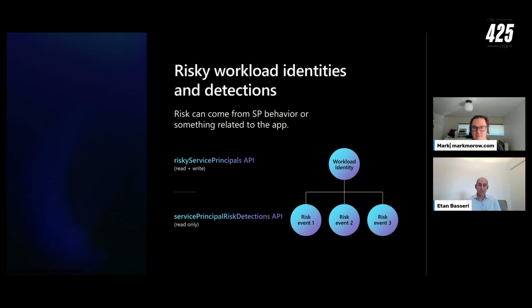If we see the service principal sign in from Dublin, we're not going to fire that as a risk, because we know that company uses Dublin as a data center. But if we see it now come from Virginia, where we've never seen a sign-in come from, now we might have a problem. So we're looking horizontally across the tenant to see what's normal, not only for that individual account, but for the entire organization.